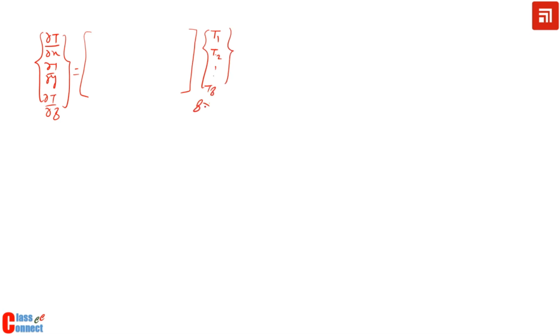So this is of size 8 into 1 and this is size 3 into 1. So here I should have size 3 into 8, that is clear from the expressions that we have derived in our previous slide. So I can write down here del n1 over del x, del n2 over del x, and so on up to del n8 over del x.